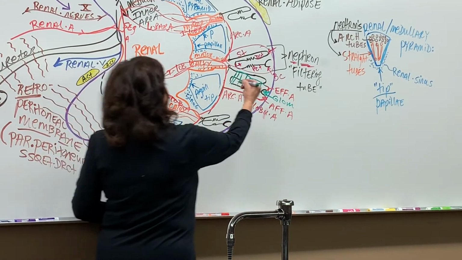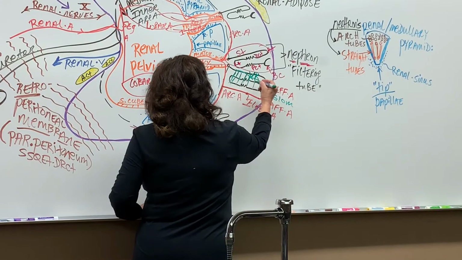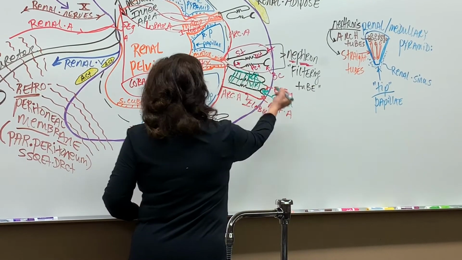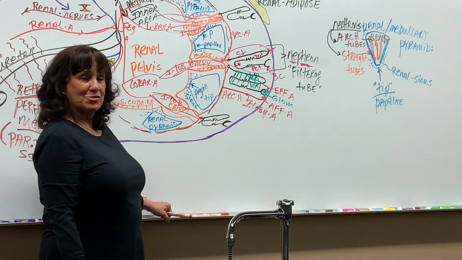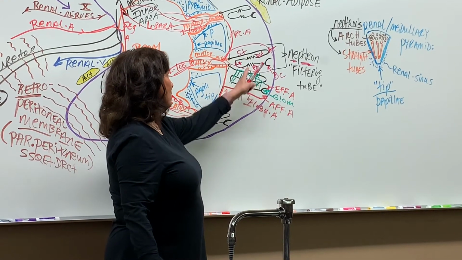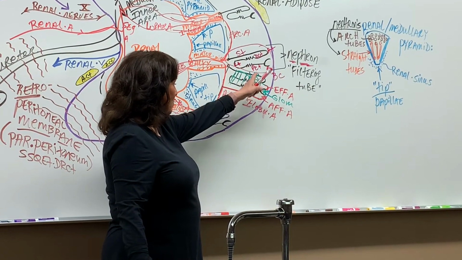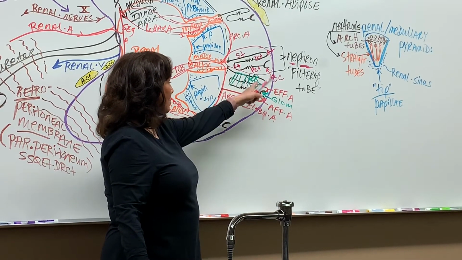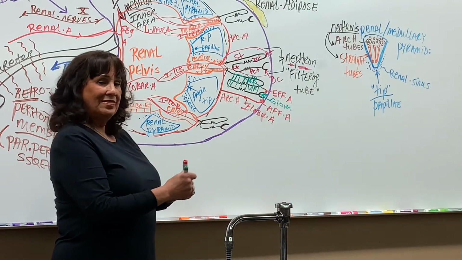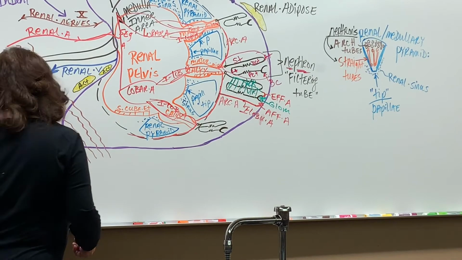And so this is the VR, the vasa recta, right in here. That looks like a big bad toothbrush or a fork. It's going to send off little capillaries that are all connected to one big one up on top, and it's going to go down and around all these tubes.